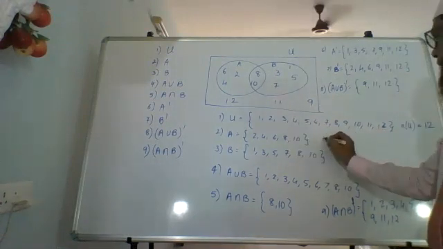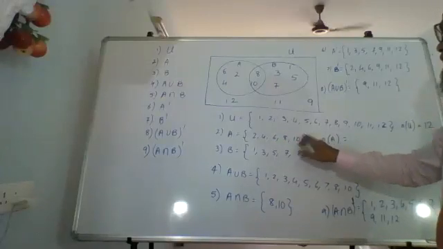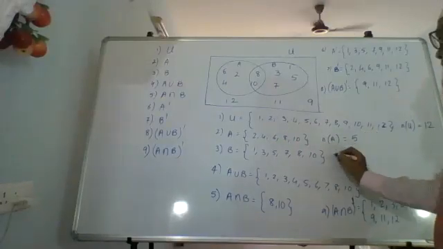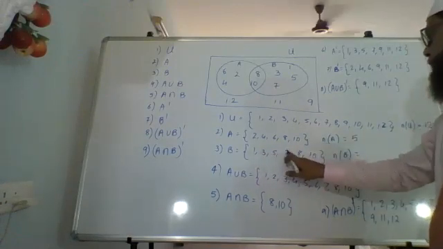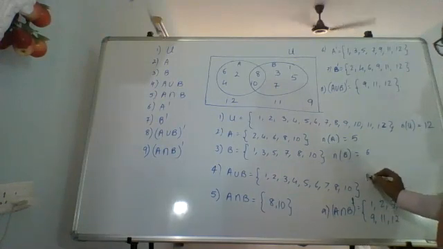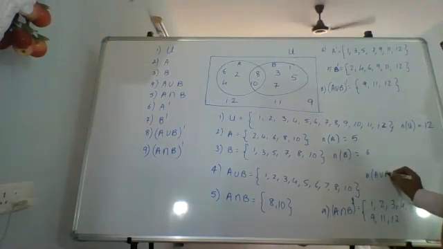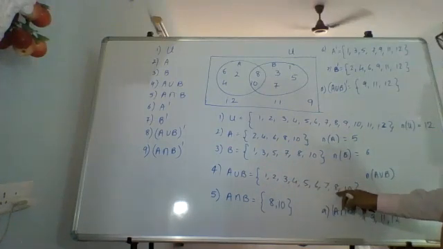In this case, n of a, 1 2 3 4 5. Here n of b, 1 2 3 4 5 6, and so on. N of a union b, 1 2 3 4 5 6 7 8 9.